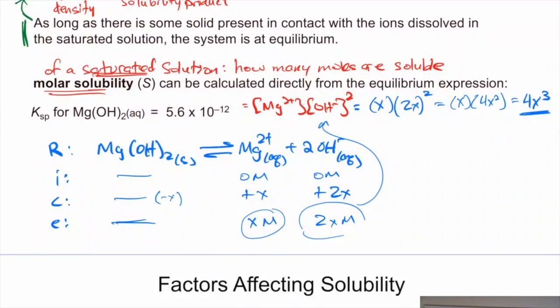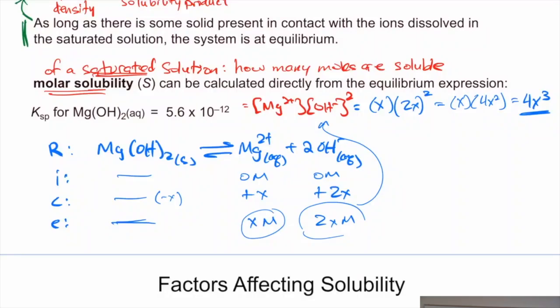This is kind of like one of the quiz problems that you had with pH. You're given the Ka. In this case, it's the Ksp. We can now solve algebraically. We have an expression: 4x cubed is equal to 5.6 times 10 to the minus 12th. Sorry. So if we solve for x, we'll know what these concentrations are, and therefore we'll know how much was soluble. That's basically how you solve these.